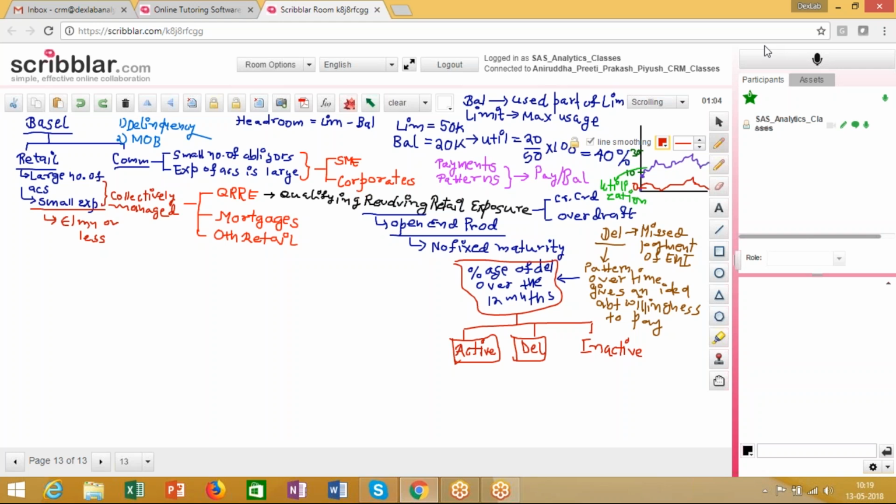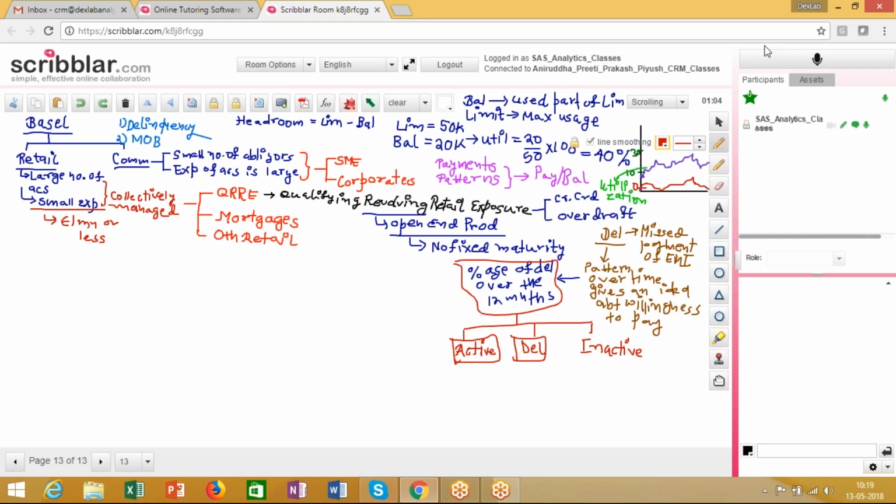Basically, when you are developing a probability of default model, especially for a retail portfolio, you need to understand which of the borrowers are seasoned borrowers versus which of the borrowers are unseasoned borrowers, right?